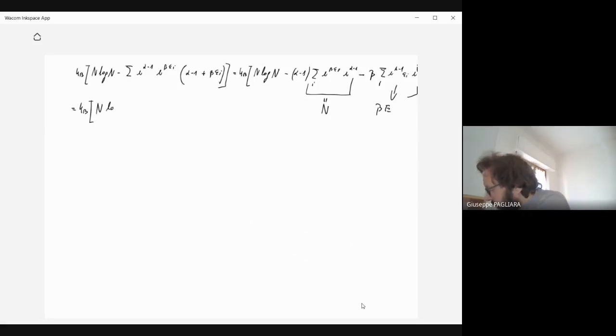Well, now the log of n is actually the log of e to the alpha minus 1 times the sum of I e to the beta epsilon I. Here I have just substituted the log of n is the log of that bracket for what I said before. Then I have a minus alpha minus 1 times n minus beta.